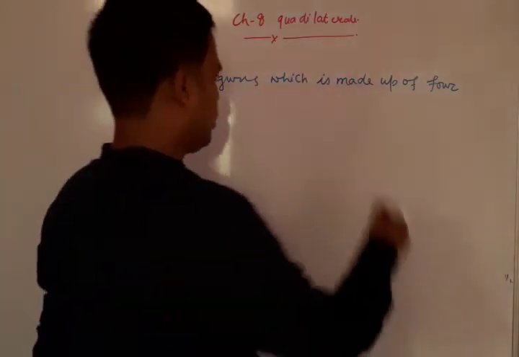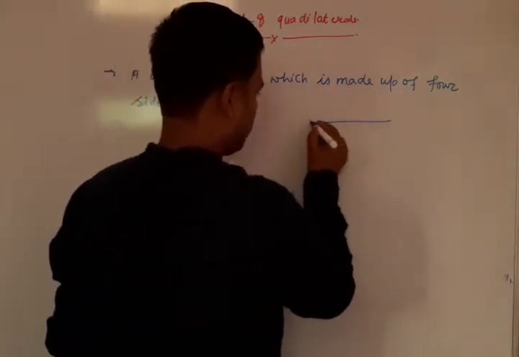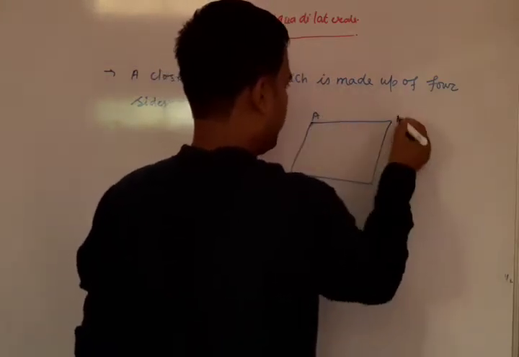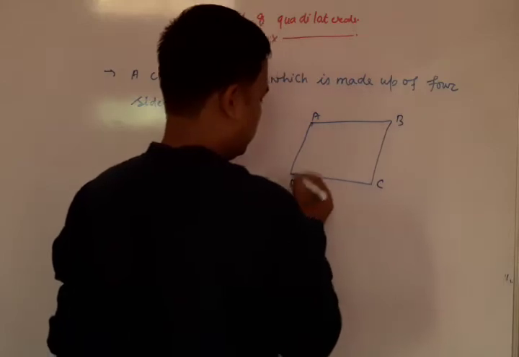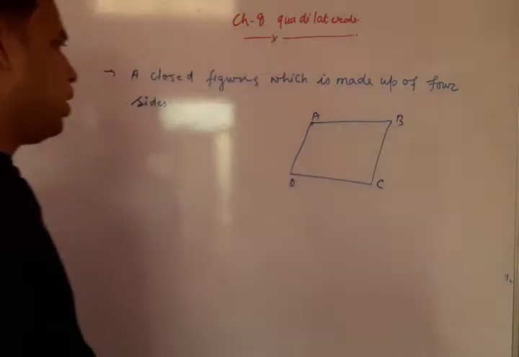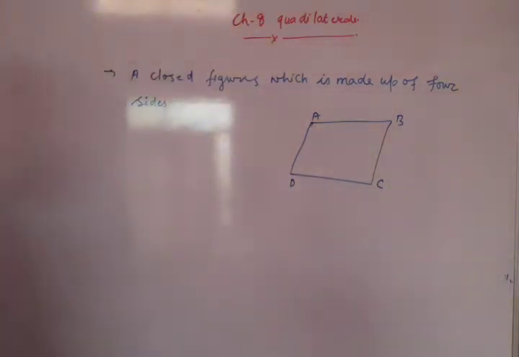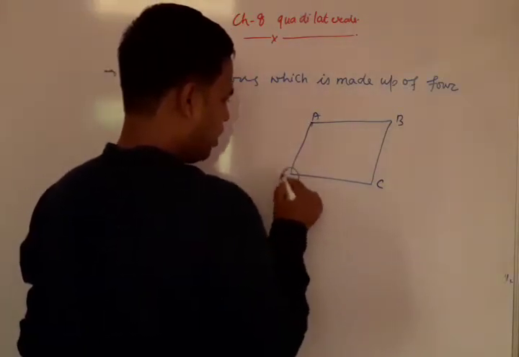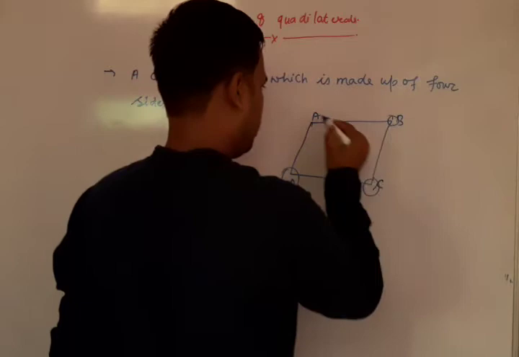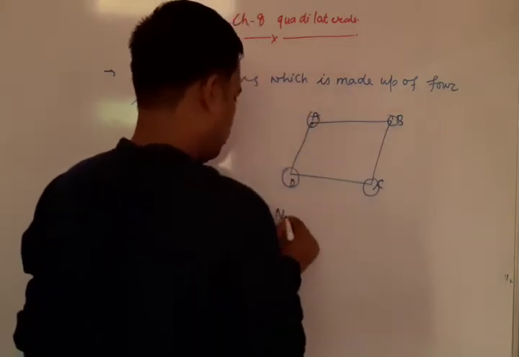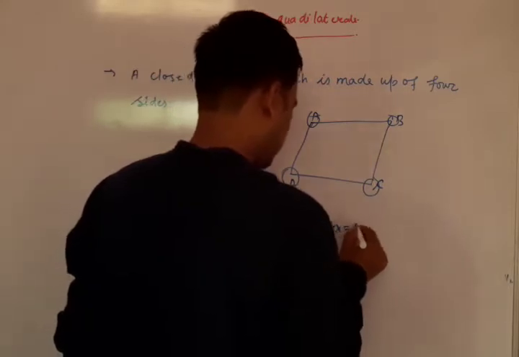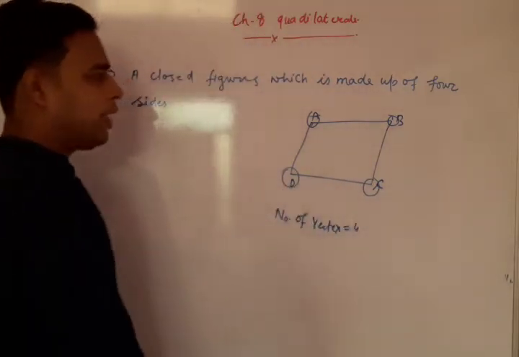So quadrilateral, this: A, B, C, D. It will be a quadrilateral. So how many vertices? Total there will be four vertices: 1, 2, 3, 4. Number of vertices equals 4. Diagonals, how many diagonals will there be?